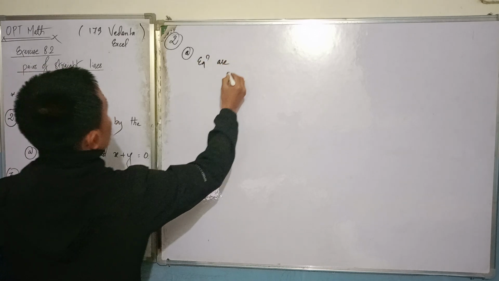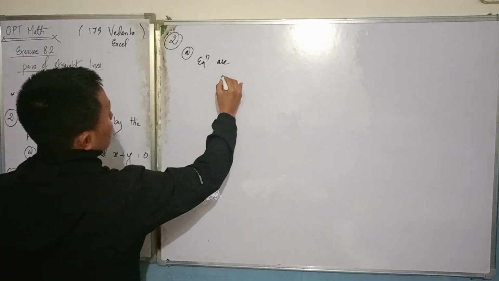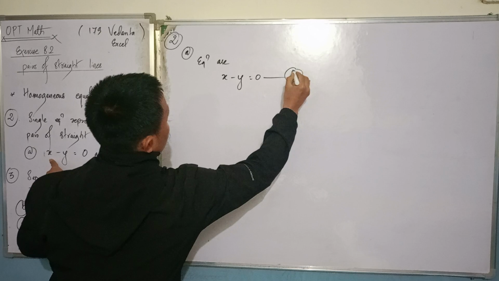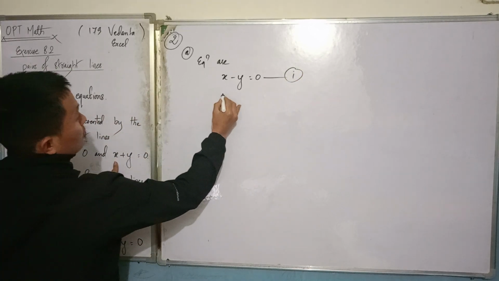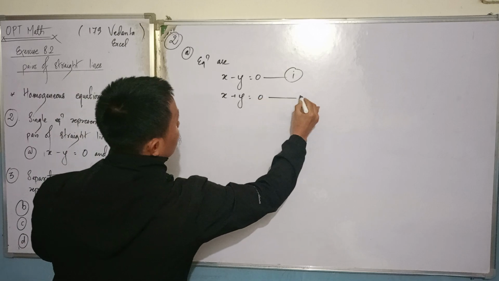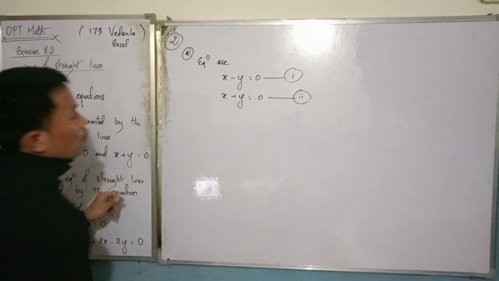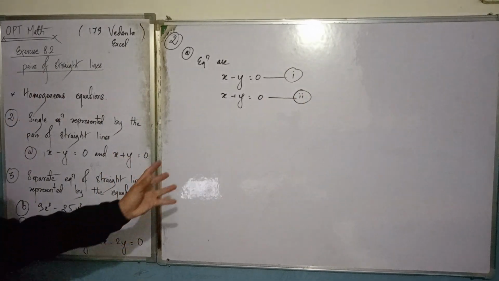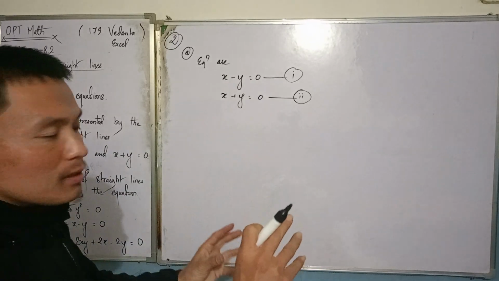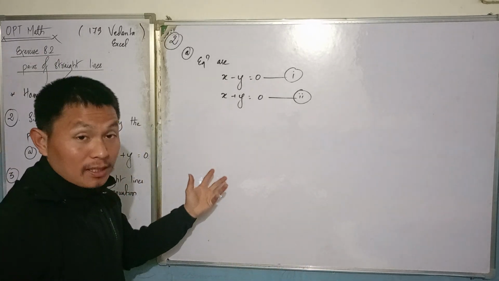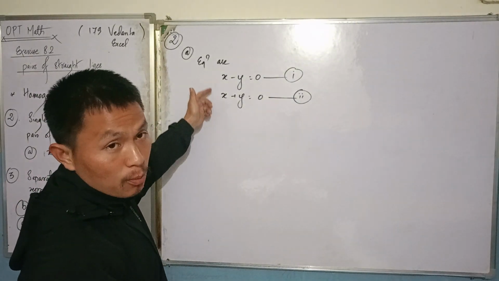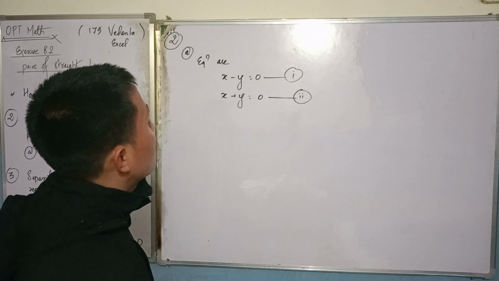The equations are: one is x minus y equals 0, suppose this is I, and another is x plus y is equal to 0. You have to combine these two, which will yield a single equation that represents both equations.